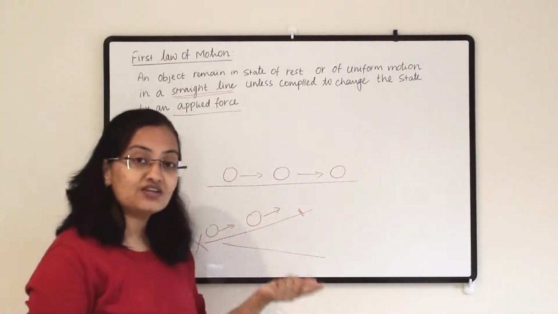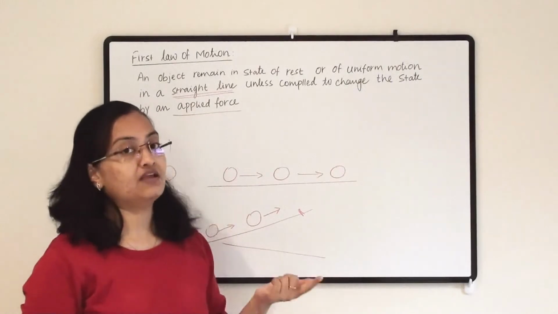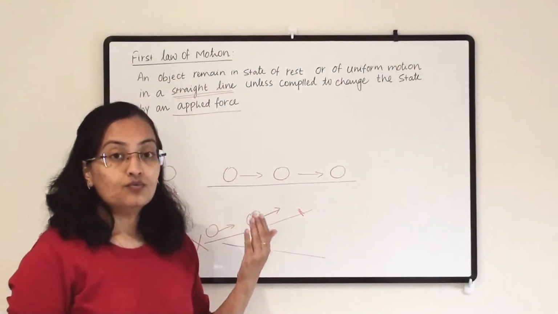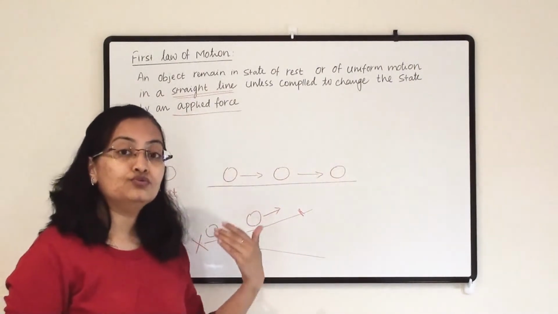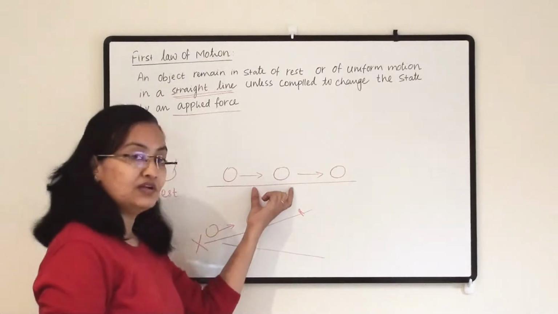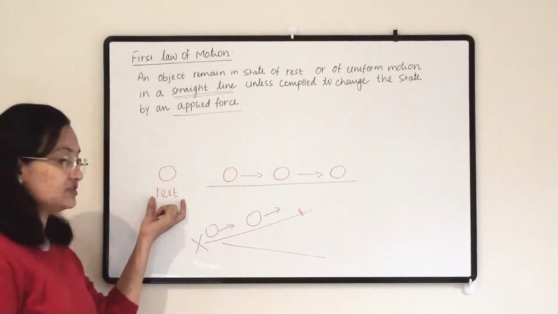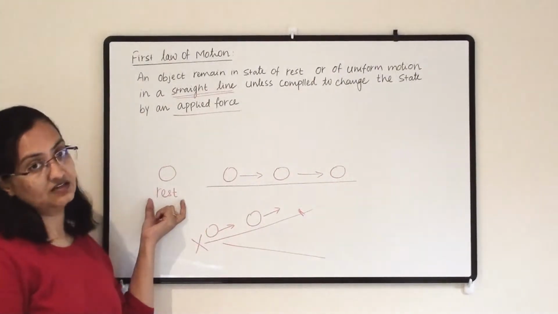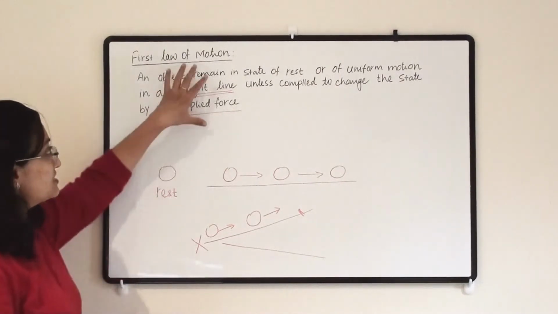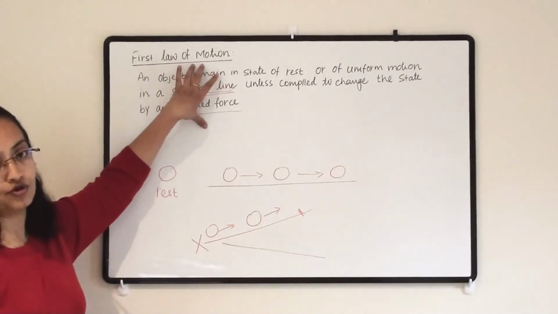They can change it only if we are applying force. Otherwise, without force, they will continue to do so, it will remain in motion and it will remain in its resting position. So this is the statement of the first law of motion.